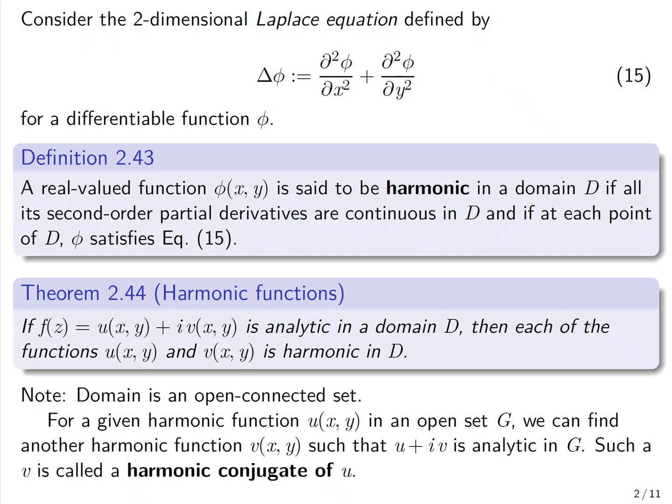And then you can also say that this is another fact about this. For a given harmonic function u or v, any of them, in an open set G, we can find another harmonic function v such that u plus iv is analytic in G. So that means if you are given a harmonic function in an open set G, we can always find another harmonic function so that u plus iv is analytic in G. We call that function the harmonic conjugate of u.